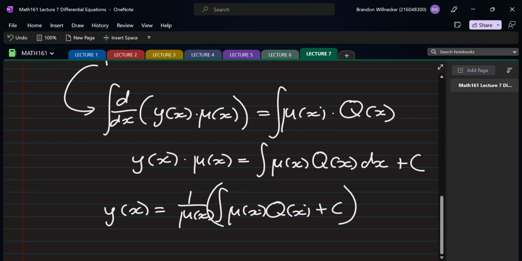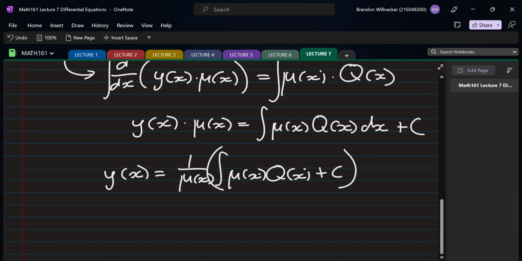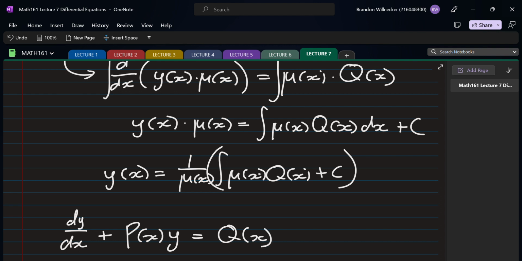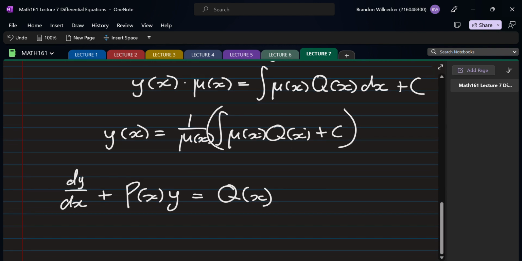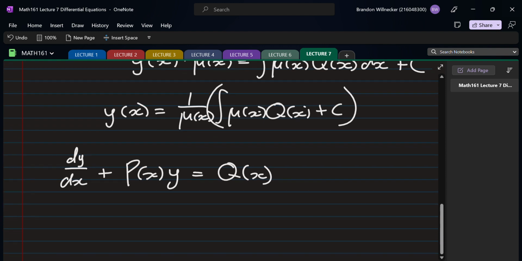Okay, but how does this integrating factor come to be? Okay, so let's just look at our original differential equation. So dy/dx + p(x)y = q(x). Okay, what we want to do now is multiply through by mu(x).